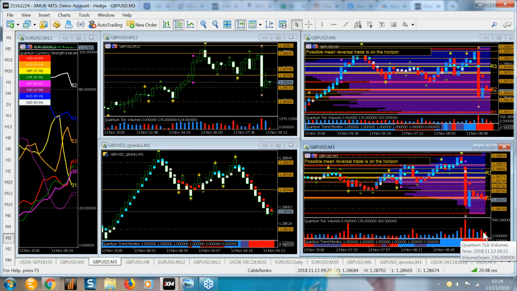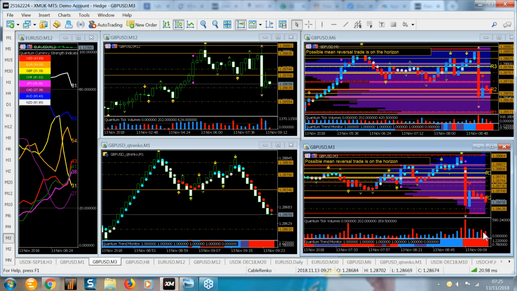If you have patience and you can restrict yourself to a handful of pairs, then you've probably also got the patience to sit through congestion phases, knowing full well that a trend will develop and you'll be in early rather than getting in a little bit later, which leads on to the next question. Are you going to be a trend trader? Is that your modus operandi? What's your preferred?